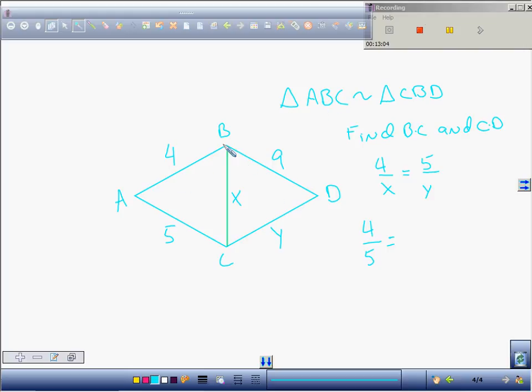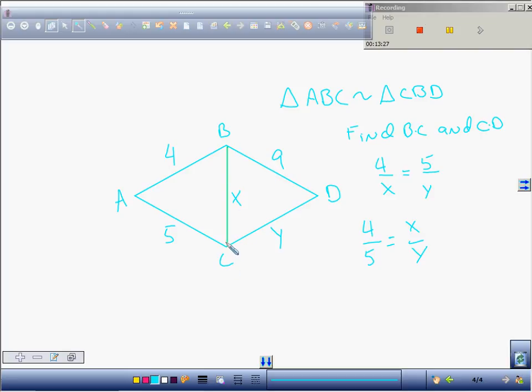AB corresponds to CB, right? As X goes with, that doesn't work either. I'm trying to get something that has BD. What's BD over here?